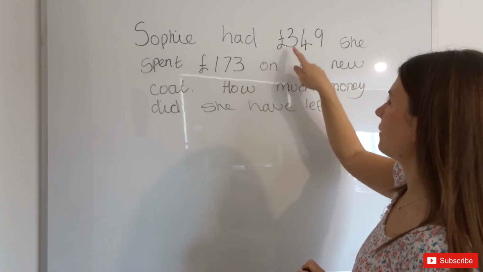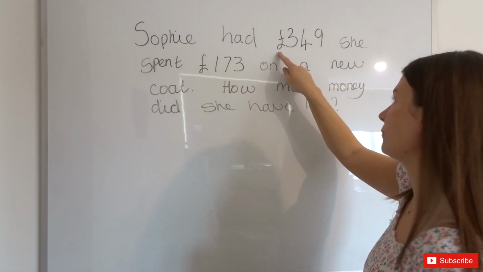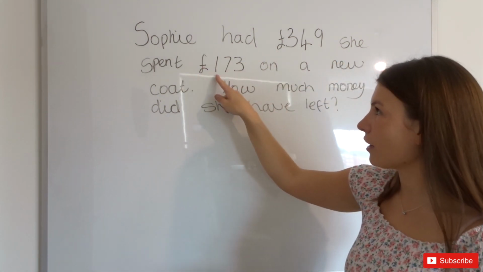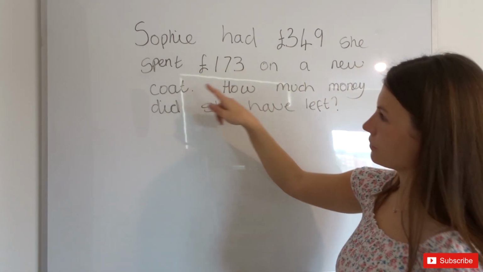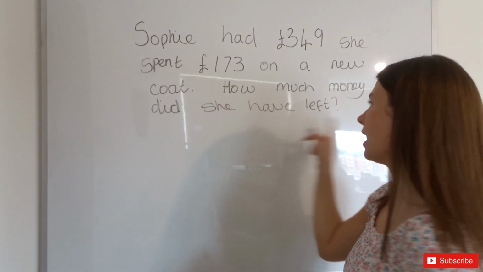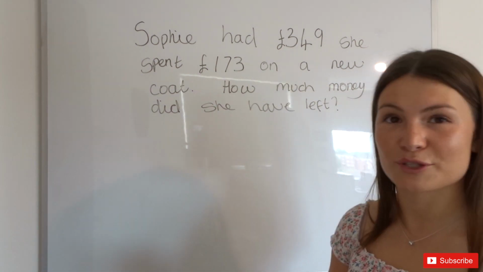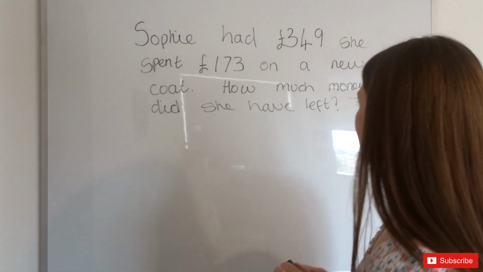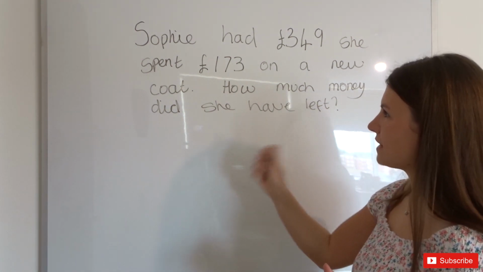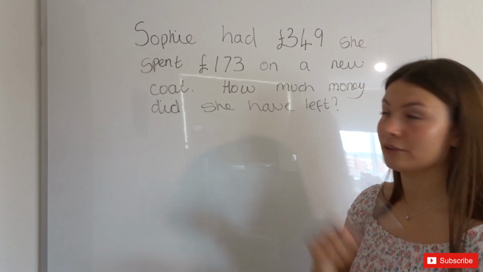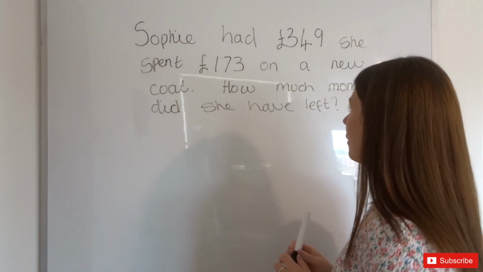So Sophie had £349. She spent £173 on a new coat. How much money did she have left? So what's the question asking us? It's asking us to figure out how much money Sophie had left after she had bought her coat.